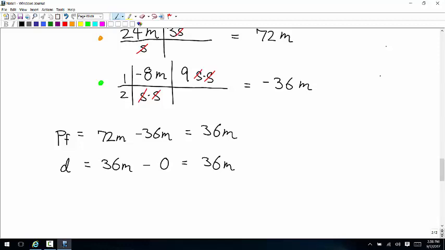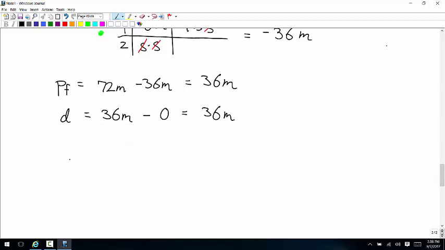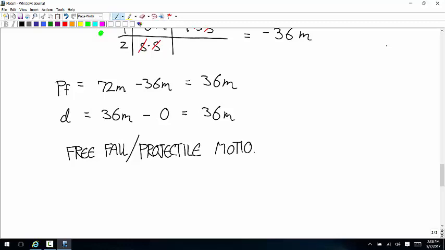Okay, so now we're going to talk about the most important type of motion that has constant acceleration, and that's free fall or projectile motion. In everyday language, people think of those two things as being different.